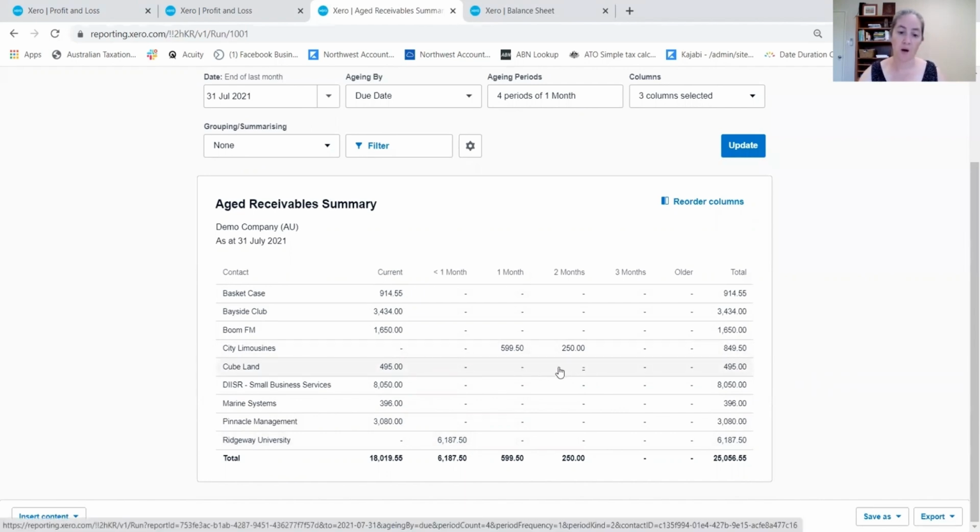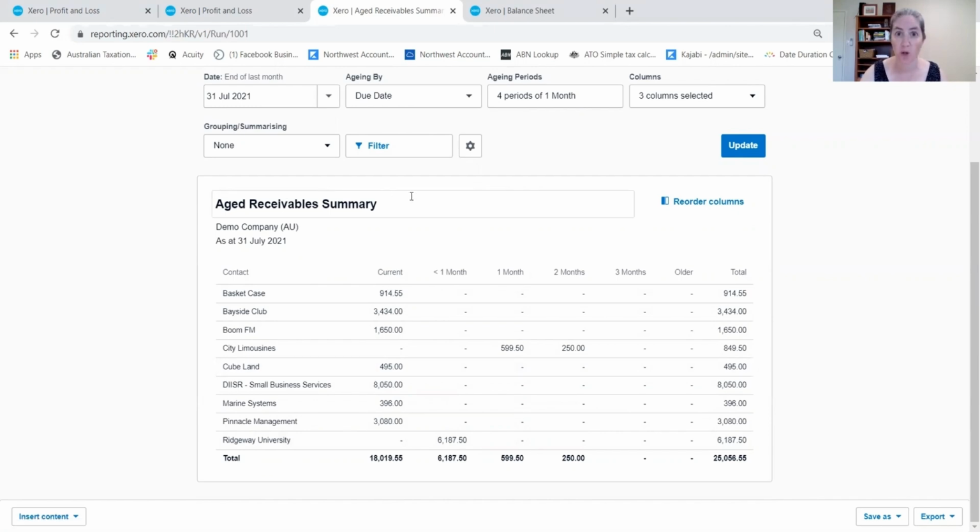So this is where understanding the timing of your profit and loss statement and your cash reports can really come into play. Because if you've got a whole load of money sitting in your aged receivables, so people who owe you money, who haven't paid you or won't pay you, then you're never going to receive the cash and see that in your cash profit and loss or see it in your bank account.